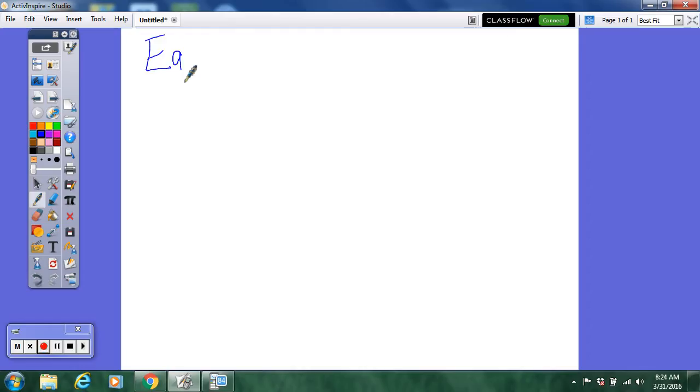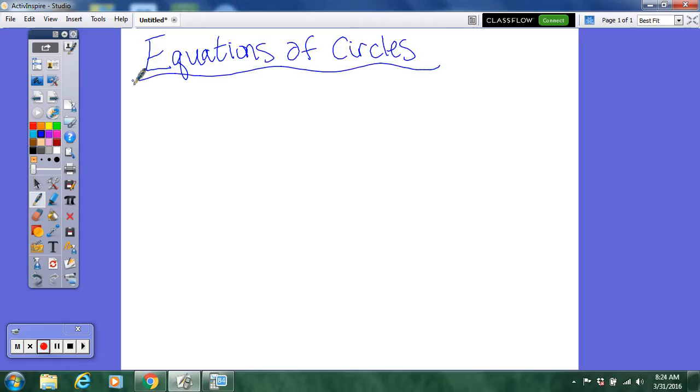Okay, equations of circles. So here we go. Just like there are standard form equations for lines, you don't have to write this down, but just as reference, when you had standard form equations for lines, it was ax plus by equals c.